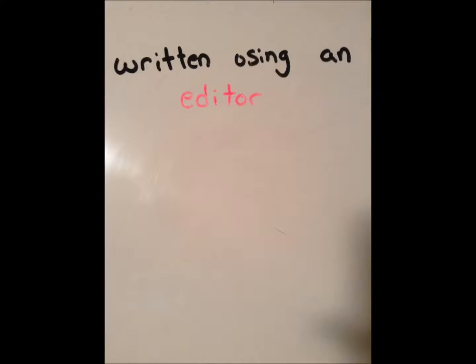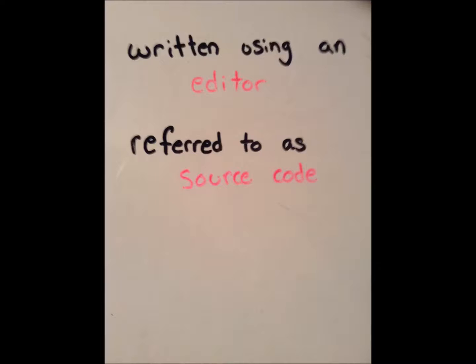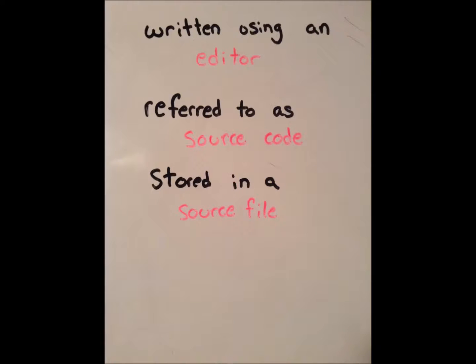A programmer writes the text of a program using a software program called an editor. The text of a program in a particular programming language is referred to as the source code. The source code is stored in a file called the source file. For example, draw square source code would be created and saved in a file named drawsquare.java.